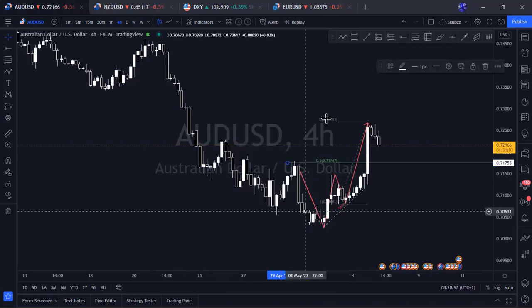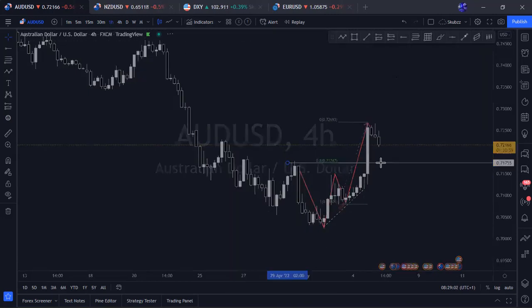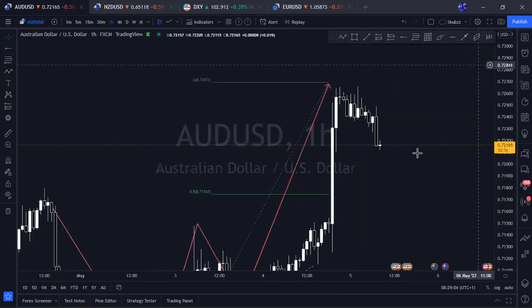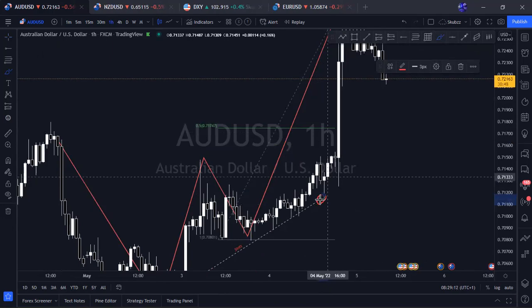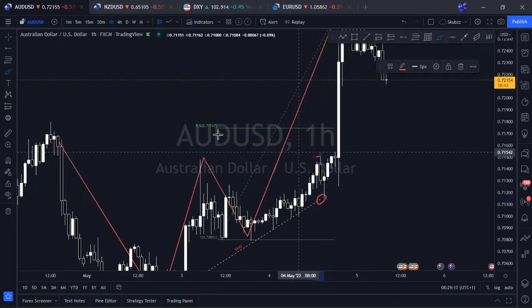Good. Okay, so now let's drop to our lower time frame. Take a look at this. If we drop to our chart here, where was the impulsive move? Where is that higher high, that higher low that facilitated the impulsive move that broke structure to the upside? Not just this structure, but this one, this level here.